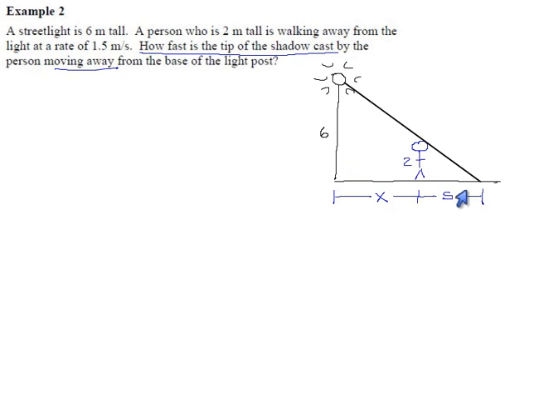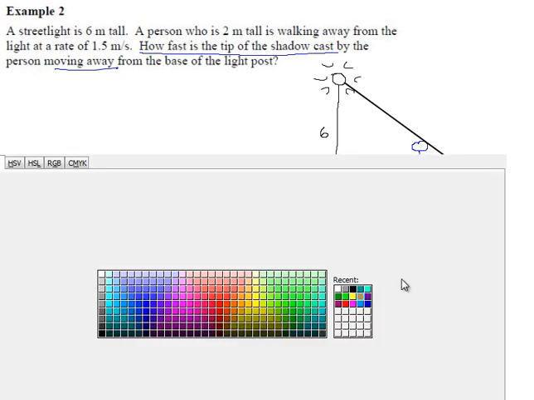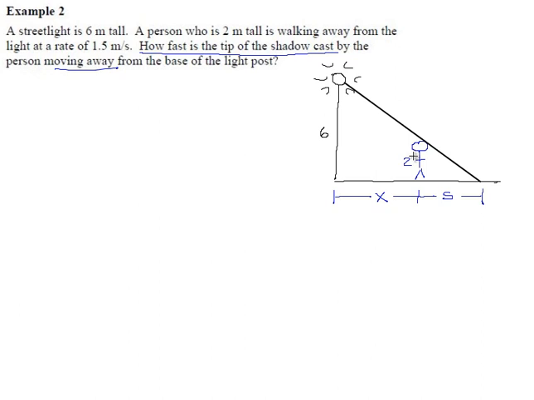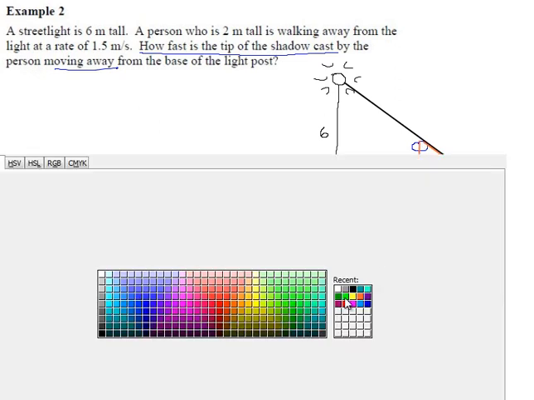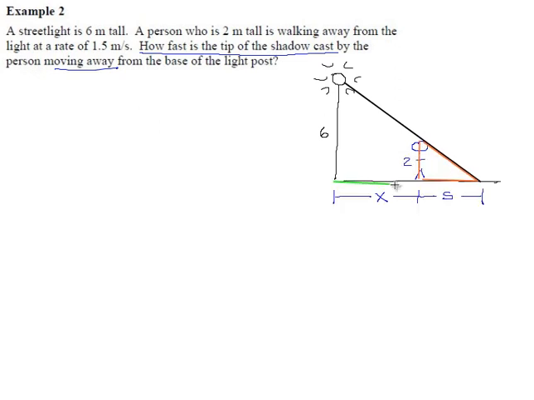And we can set up an equation using these things based on similar triangles. We have a small triangle out here that's from the tip of the shadow just to the person, and then we have the big triangle out here, which is from the tip of the shadow all the way back to the street light.